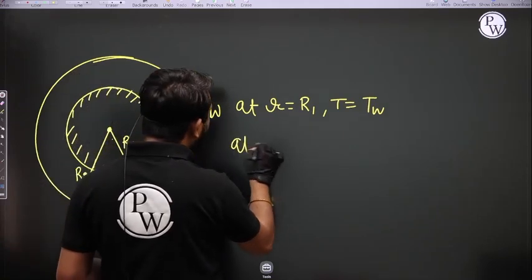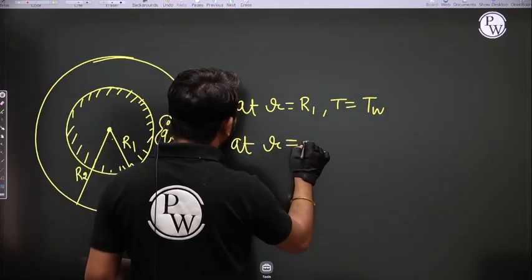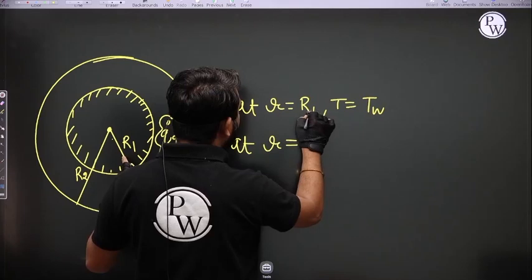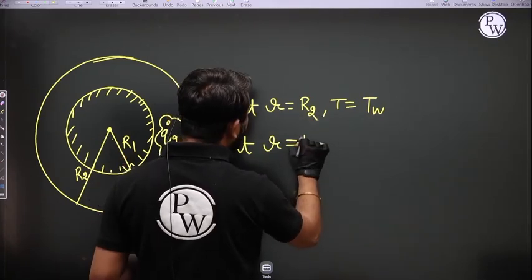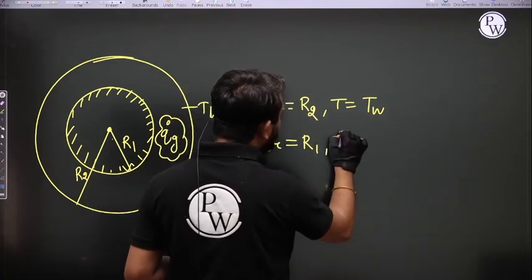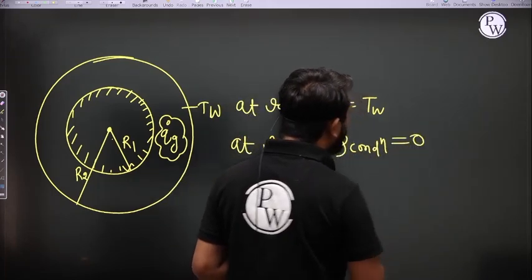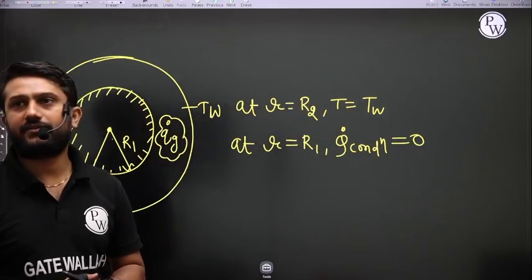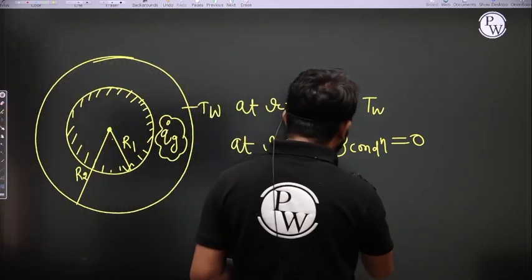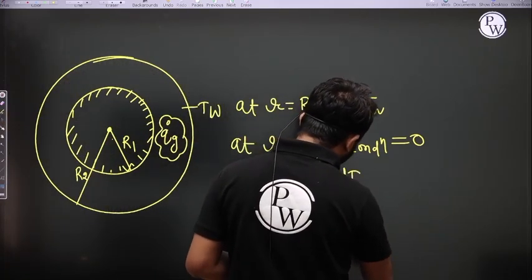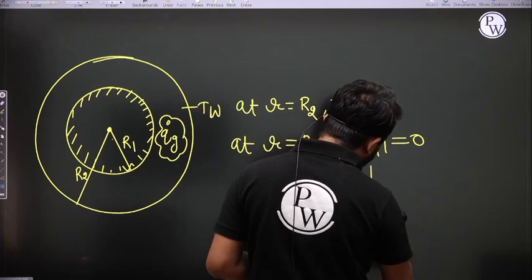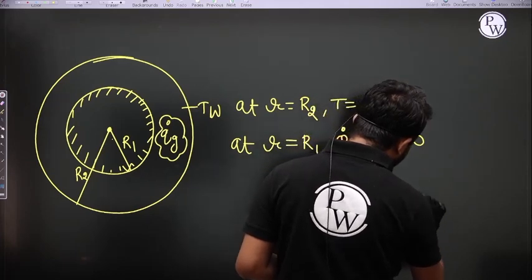At r equal to R2, because that surface is adiabatic, the rate of conduction heat transfer is 0. So directly we can say that dT/dr at r equal to R2 is equal to 0.